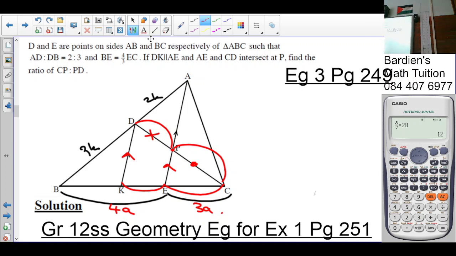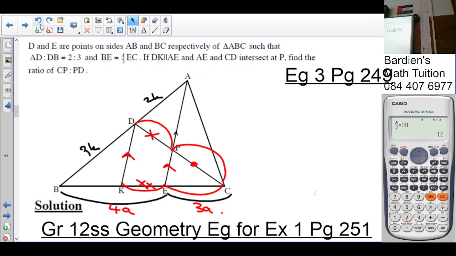Okay? So, in pursuit of calculating that ratio, what are we shorting? We're shorting the length of KE first. Not so. If we have KE in terms of A, I've done the job. So let's go find KE first.